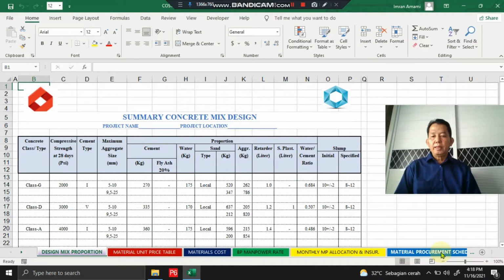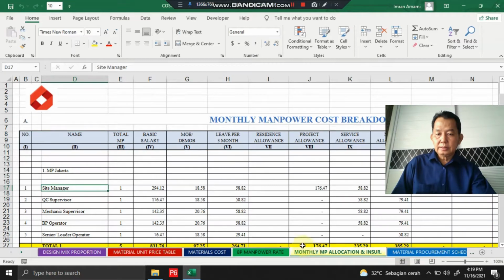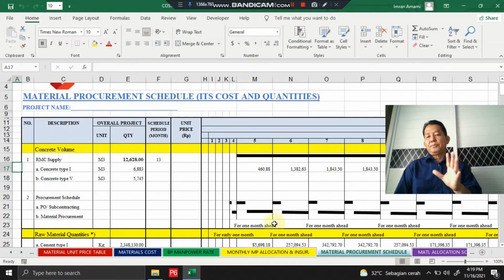Before we discuss this program, I would like to inform you of the terms and conditions applied for this program. First, the concrete volume for these projects covers 12,628 cubic meters.